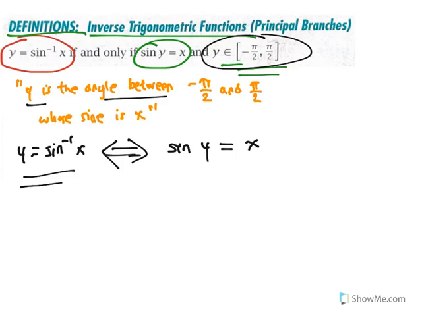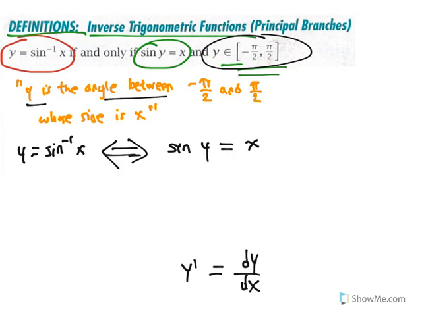That's what the inverse trig function means. Now, to take the derivative, we want to find y prime, or dy/dx. They are different notations for the same thing.